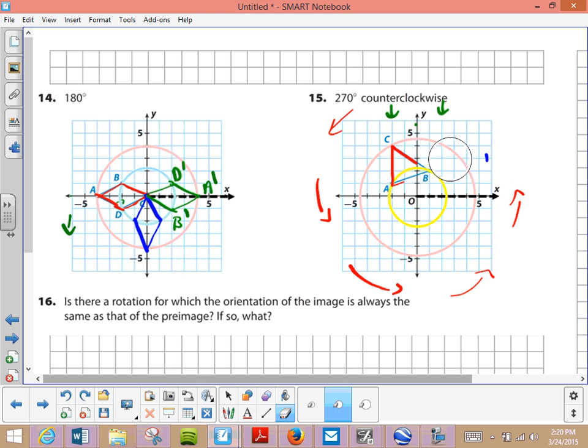Because if I asked you for a 180-degree rotation, it would end up at a different position. So A would be, well, B is behind, right here. And then A is 2 in front. Is it? It's 2 actually from here.